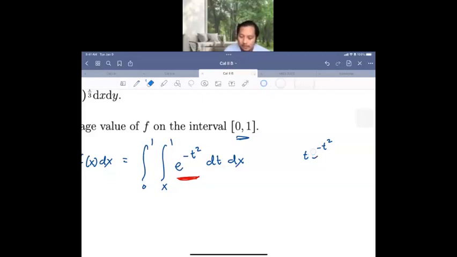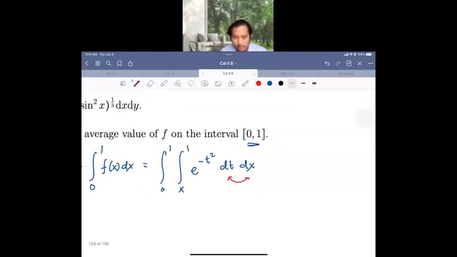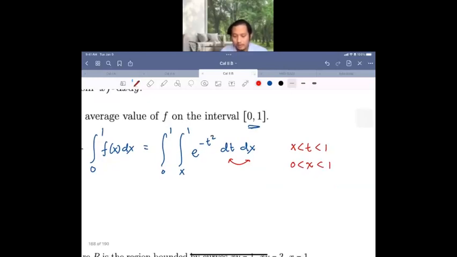Or even if you want to solve this directly, you could change x and t. So we could have t from x to 1 and x from 0 to 1. If we make it t as y and x here, this is 0, this is 1.